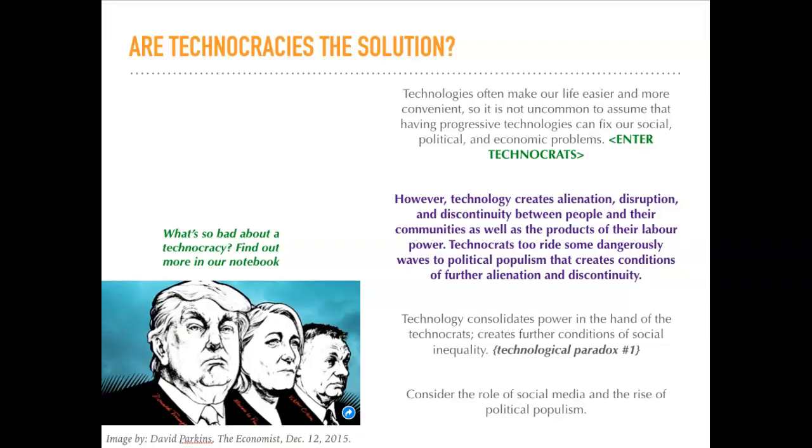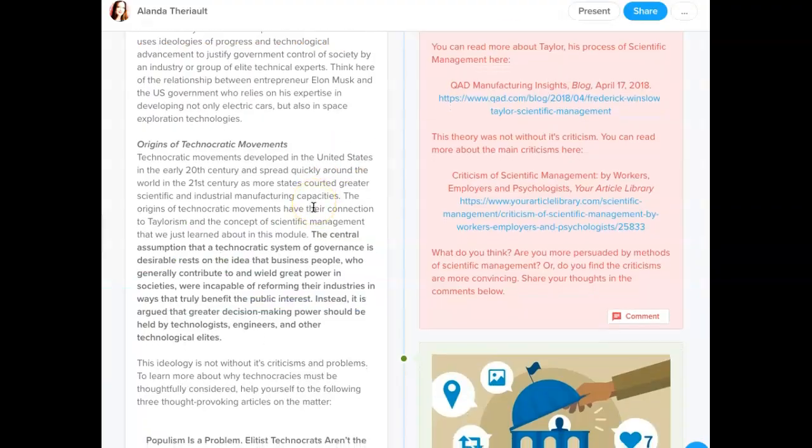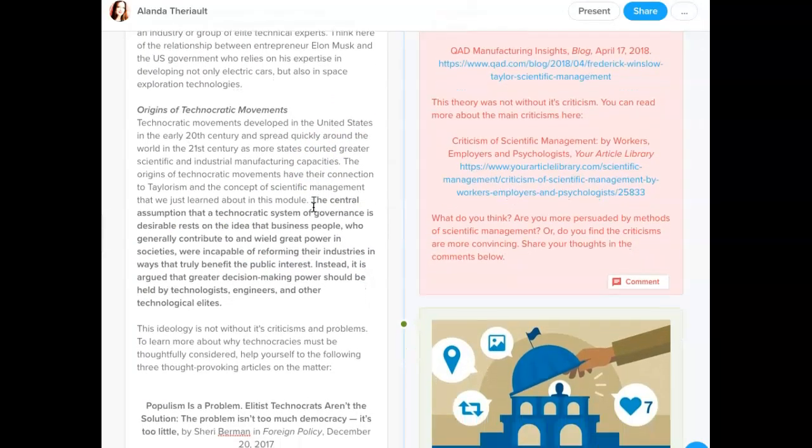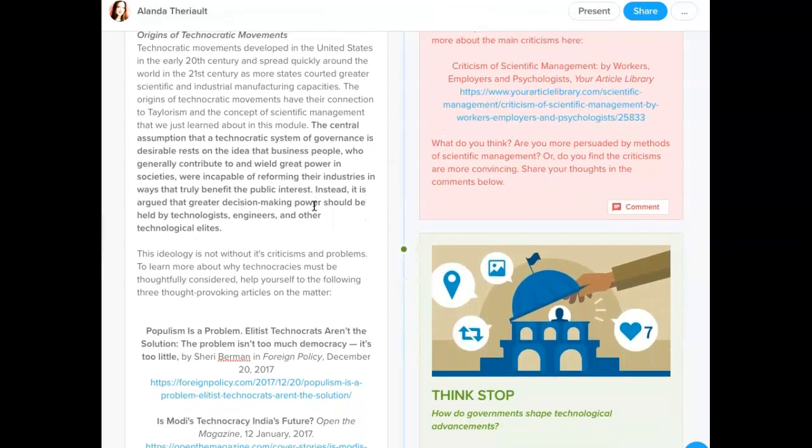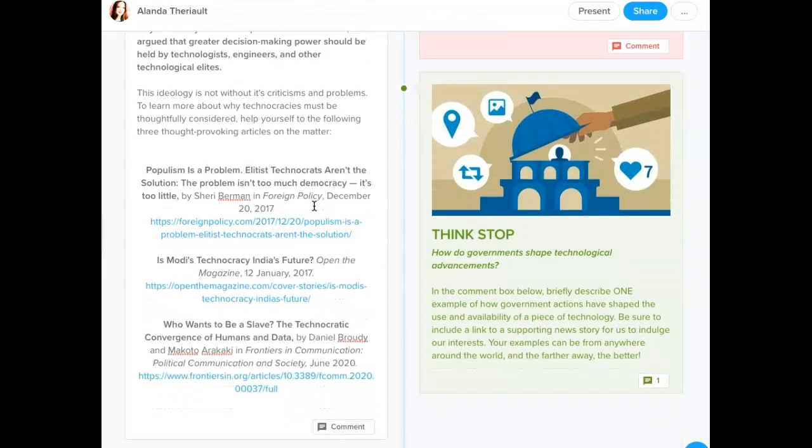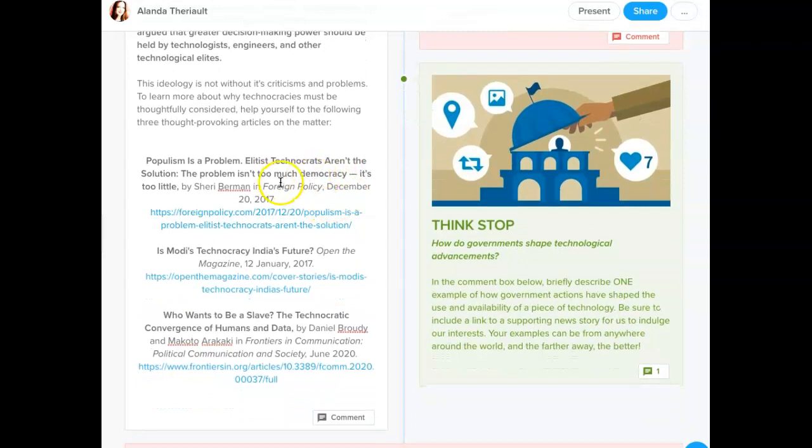So I do have some examples of that in the section on technocratic movements. So there are 3 short little articles that you can read. One from a very respected journal called Foreign Policy, talking about the relationship between populism and technocrats.